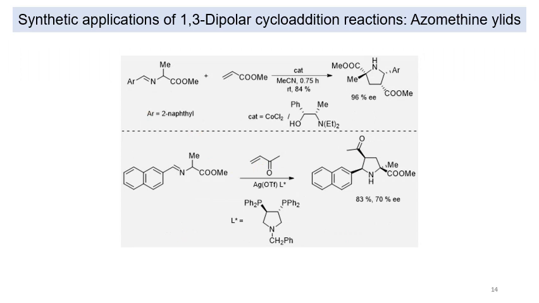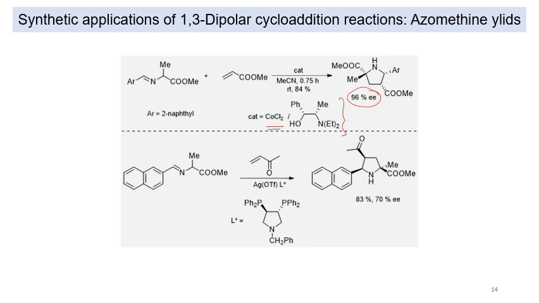In this case, you can see here, this is a chiral catalyst or chiral cobalt catalyst using this amino alcohol as a chiral ligand, leading to a highly enantioselective 1,3 dipolar cycloaddition reaction.